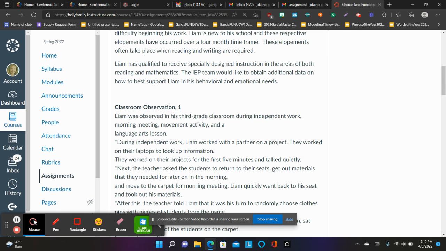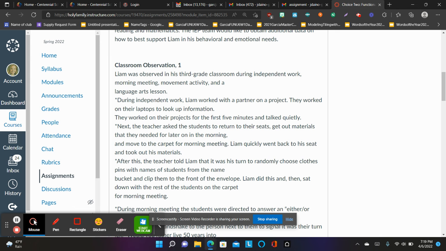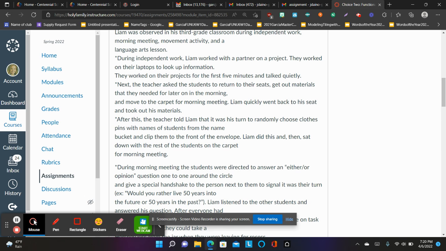So here is classroom observation number 1. Liam was observed in his 3rd grade classroom during independent work, morning meeting, movement activity, and a language arts lesson. During independent work, Liam worked with a partner on a project. They worked on their laptops to look up information. They worked on their projects for the first 5 minutes and talked quietly.